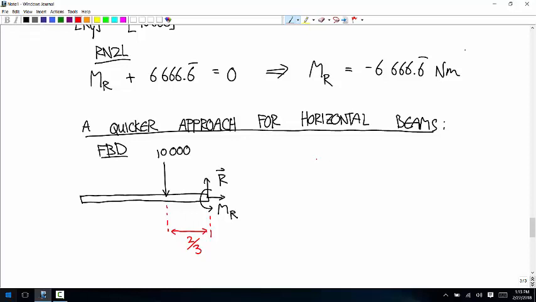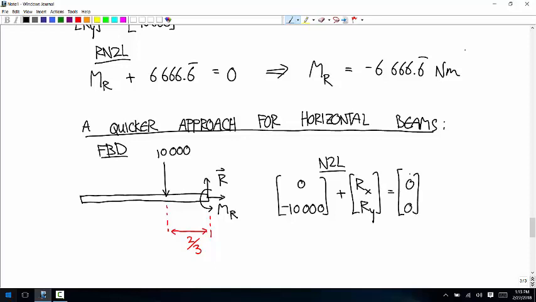Okay, so I'm going to go right to Newton's second law. We have a downward force of 10,000, so that's 0, negative 10,000. And we have the force vector Rx, Ry. Those add up to 0. So this force vector R is equal to 0, 10,000.